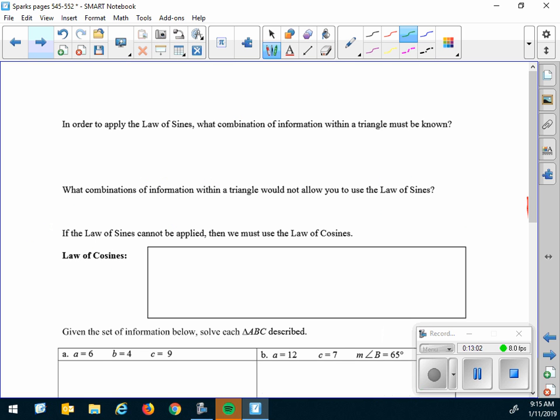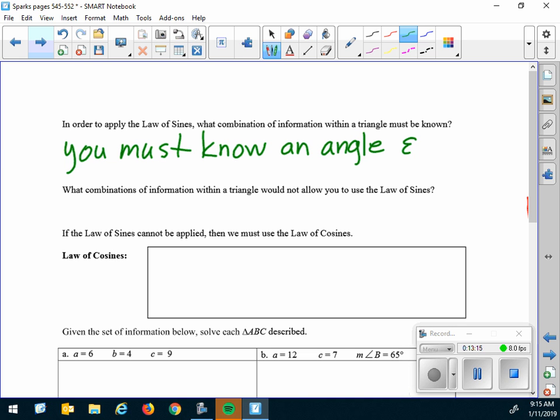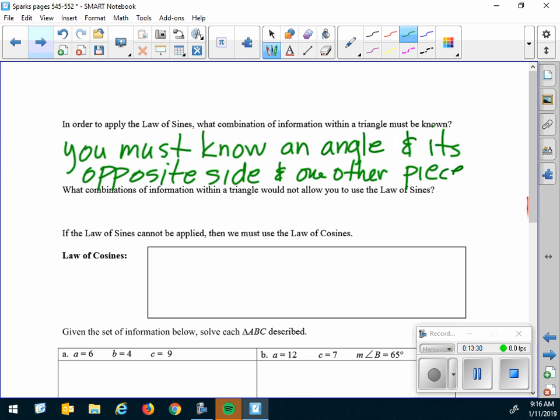So, what combination of information must be known? You must know an angle and its opposite side, and one other piece, either one other side or one other angle.